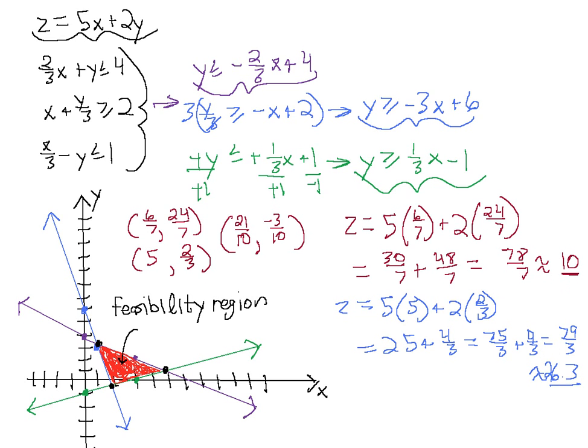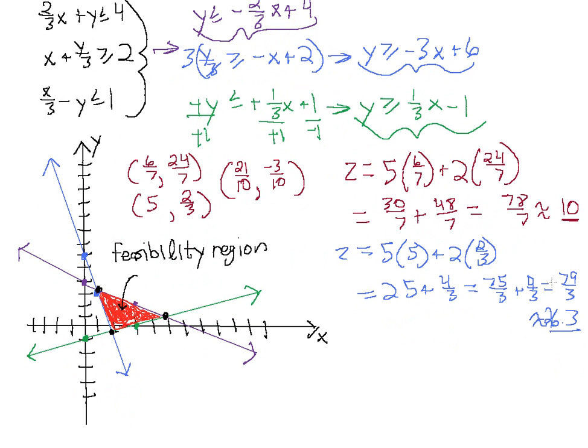All right, let's go ahead and find the third value. So z equals 5x, x is 21/10. We're checking this third solution point, this third intersection right here where the blue and the green line intersect, plus 2y, y is -3/10. And let's go ahead and solve. Actually, we can simplify this a little bit.